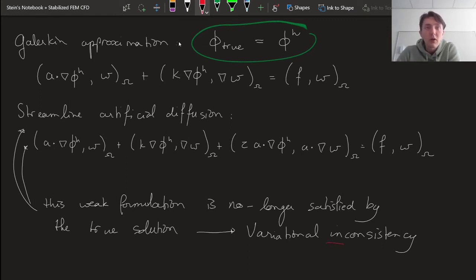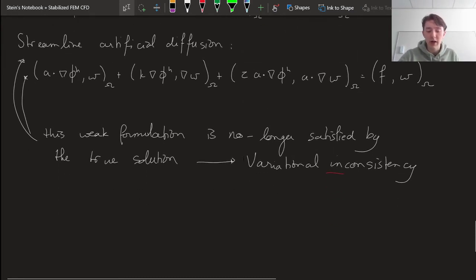Now, actually, all is not lost. We can make a pretty straightforward change to our formulation to actually make this variationally consistent. And we can do so by zooming into this additional term again. Something that I already pointed out in the previous video is that the thing that we're adding here, this a dot gradient of phi, is something that shows up in the partial differential equation already, right? So let me rewrite the partial differential equation.